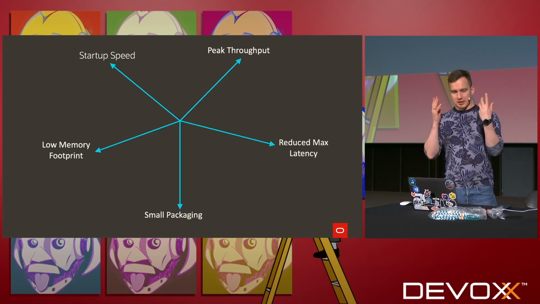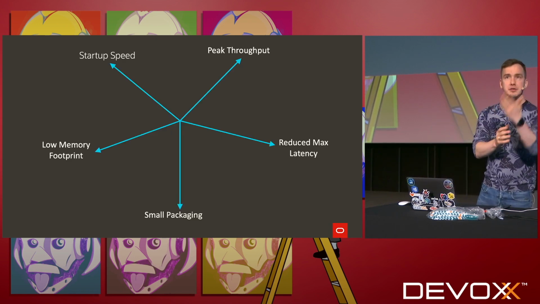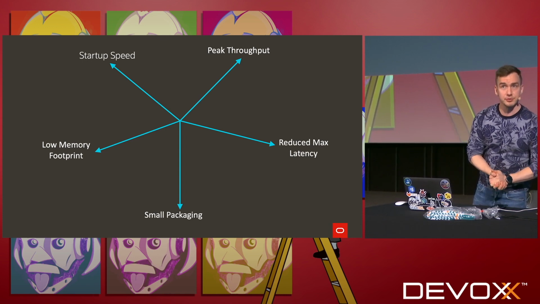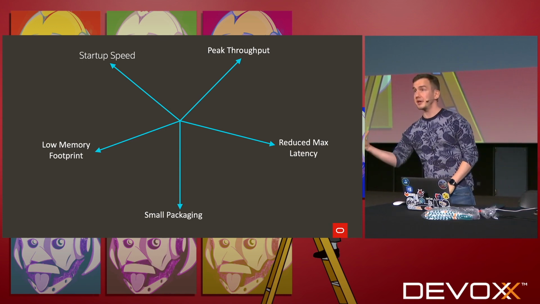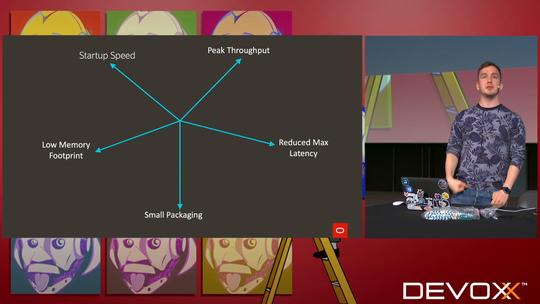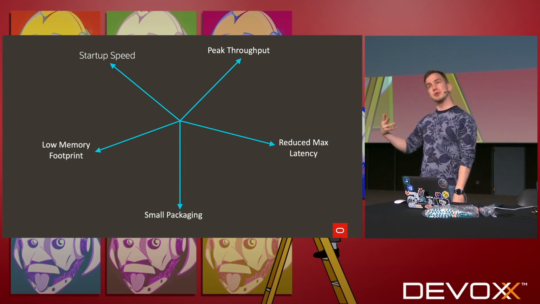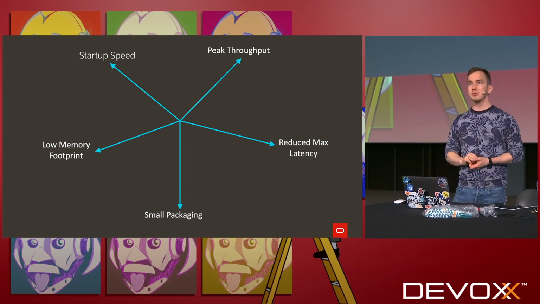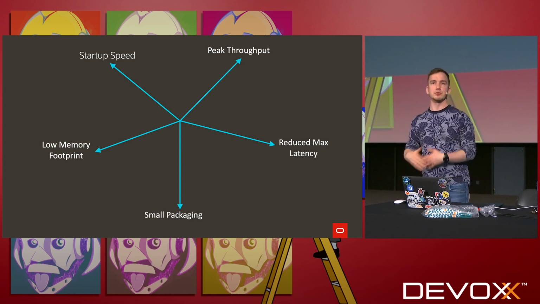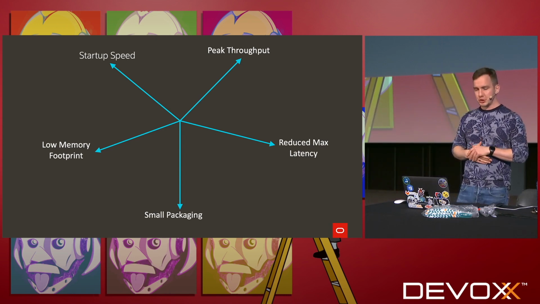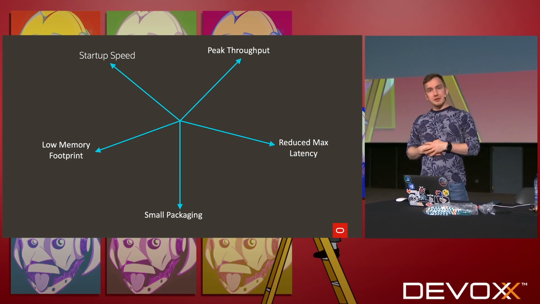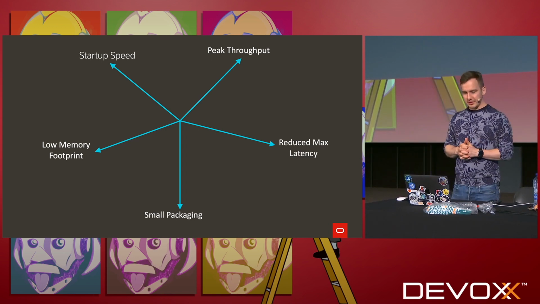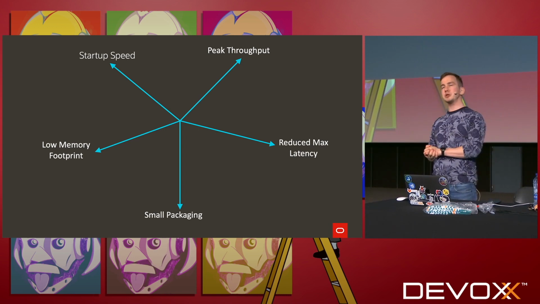This could be thought of as throughput, right? How many requests per second can we handle? Or performance often means to people the latency of serving requests or processing some computation. Could be startup speed, could be the memory footprint, could be the packaging dimensions.